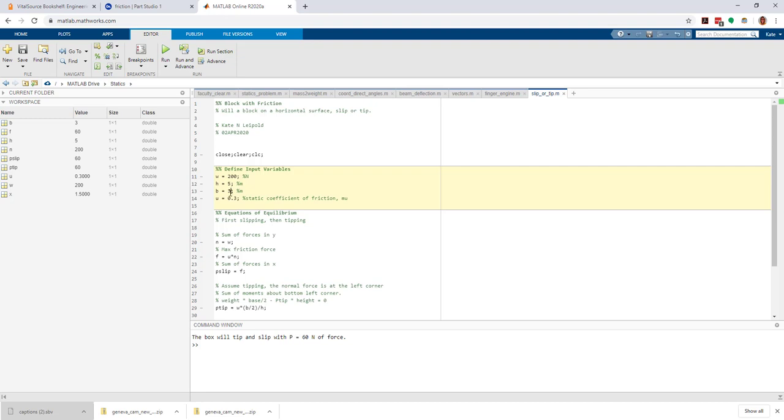But if I make my base smaller, 2, make it narrower, right? The box will tip with only 40 newtons of force. If I make my coefficient of friction a lot lower, so I put something slippery underneath it, okay, now it slips.